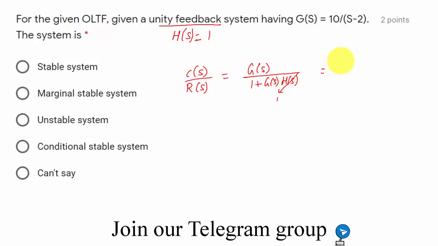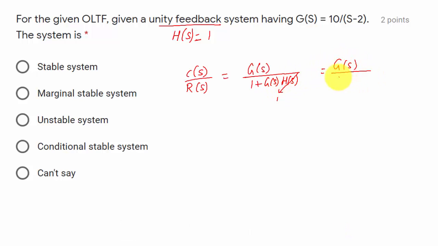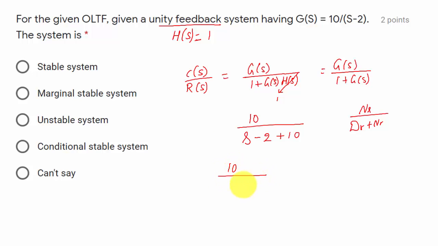So you get G(s) divided by 1 plus G(s). You can write it directly as 10 divided by s minus 2 plus 10, nothing but numerator divided by denominator plus numerator. This is applicable if you have a unity feedback. So the transfer function you get is 10 divided by s plus 8.